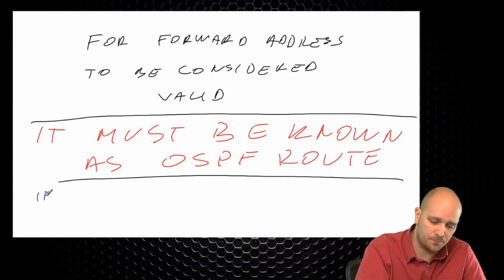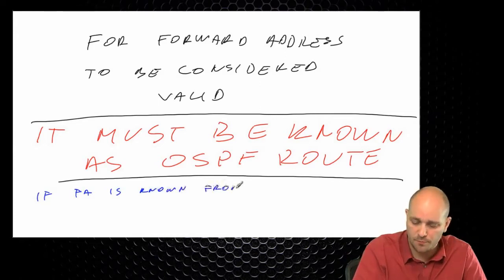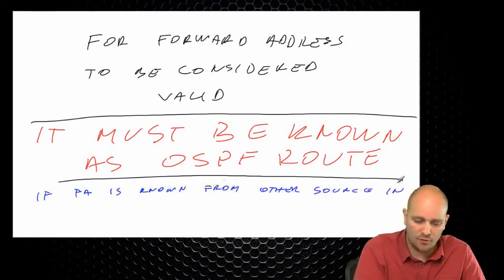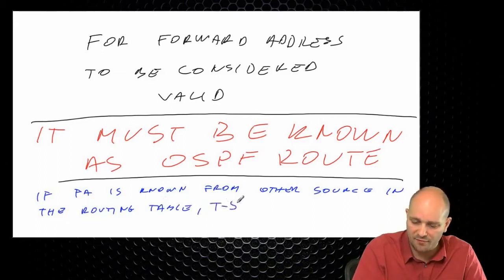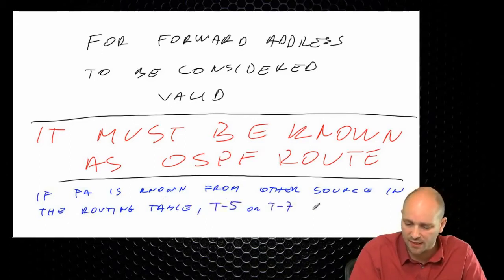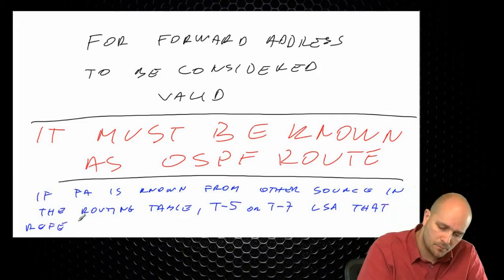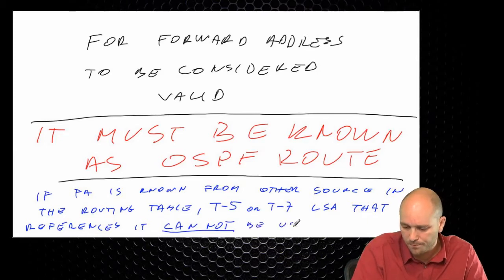So if the forward address is known from another source in the routing table, the type 5 or type 7 LSA that references it cannot be used.